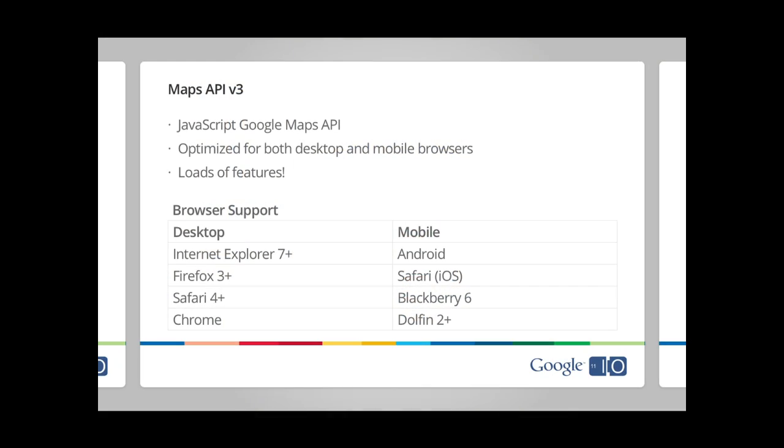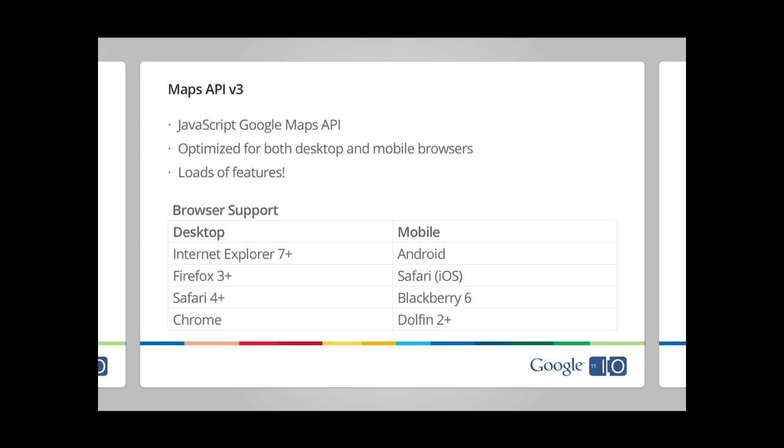The advantage of version 3 is also that it was built from the ground up to be both a desktop and a mobile web mapping API. So in addition to support in mobile browsers for Android and Safari, we also support BlackBerry 6 devices and the Samsung Bada browser. And then the standard desktop browser support as well.